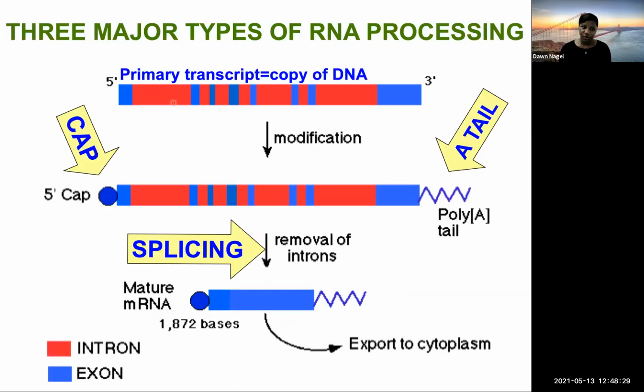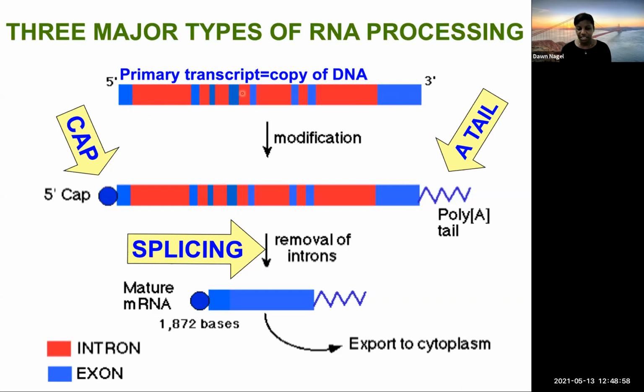So as I mentioned, when you have your polymerase synthesizing your RNA, what you have is this transcript, okay? This transcript includes the information for your coding sequence for your proteins. And many genes have these pieces of DNA between the exons that don't code for anything, okay?